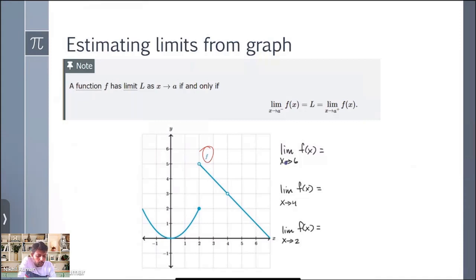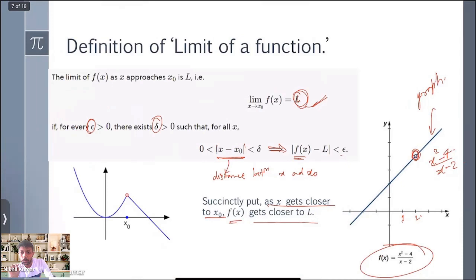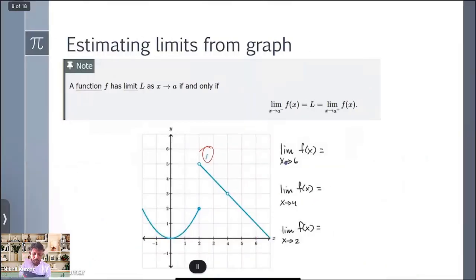Earlier I told you that there are 2 ways to approach the limit of a function: you can approach it from the left side, or you can approach it from the right side. It's very important. The limit of a function exists only if you get the same number by approaching it from the left side and from the right side.